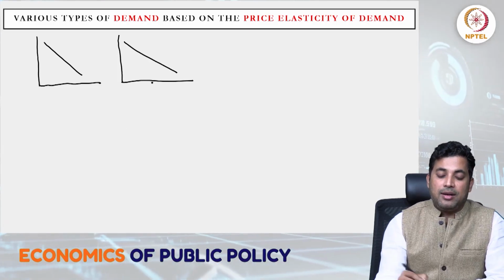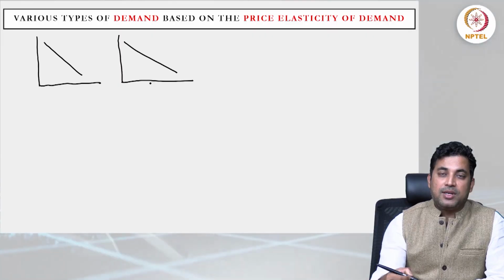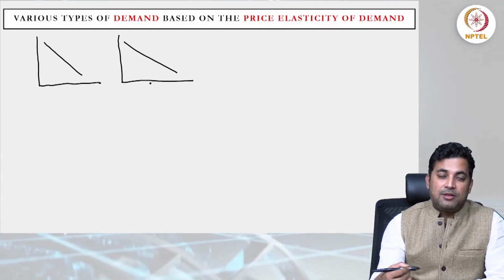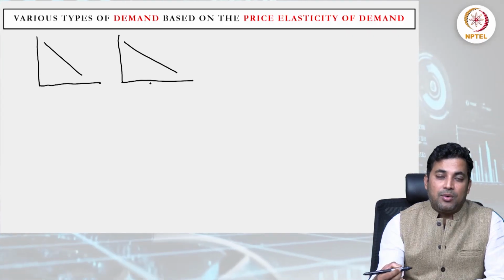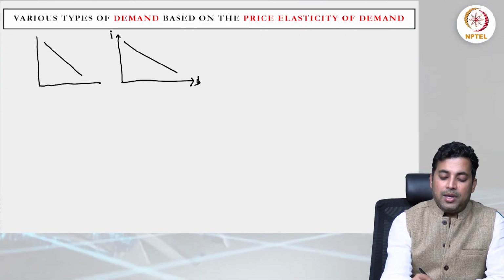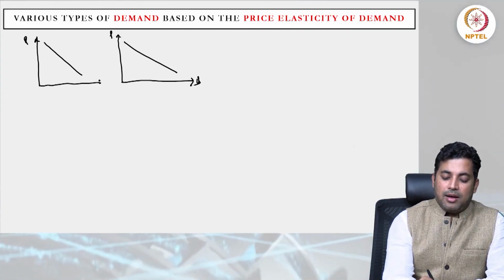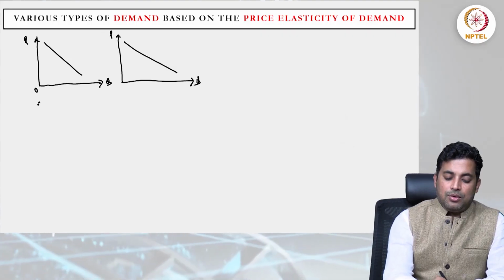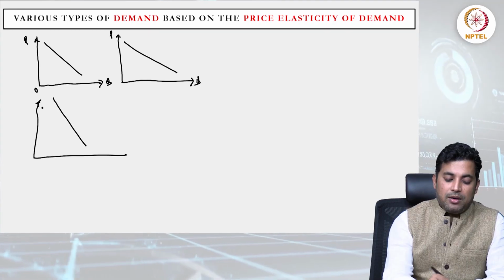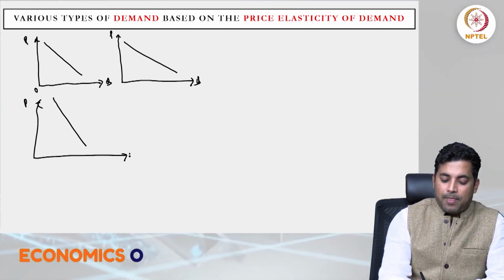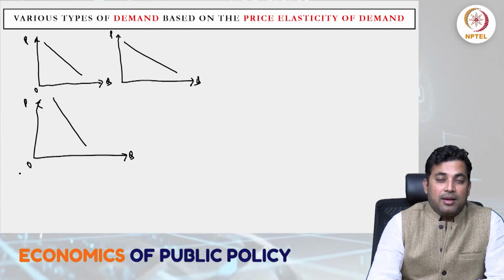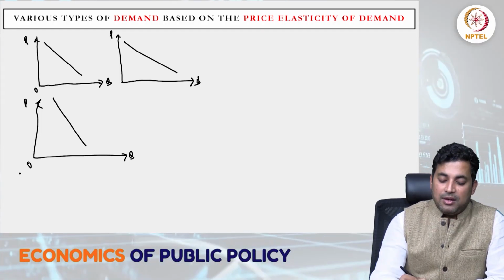So here the response of quantity demanded to changes in the price is high, if this is Q and here P. The demand curve could also be steeper when quantity demanded is less price sensitive.